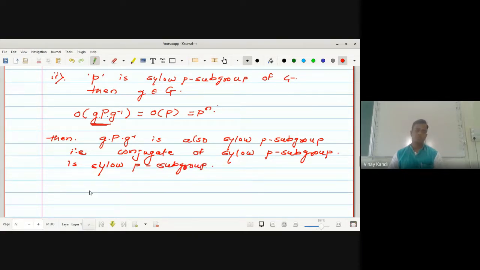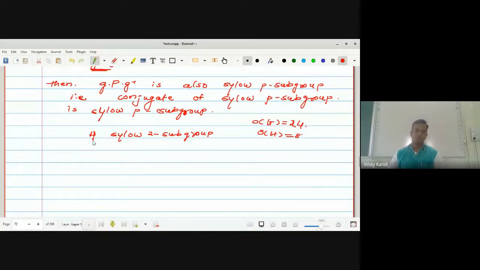Suppose H is the Sylow 2 subgroup in the above example. What is the order of G? 24. What is the order of H? 8.